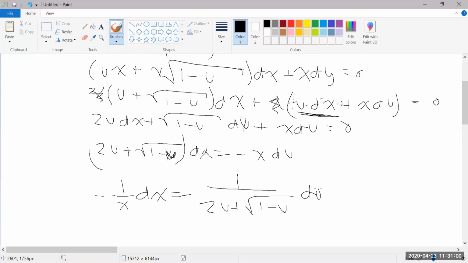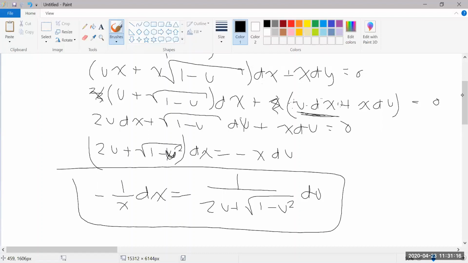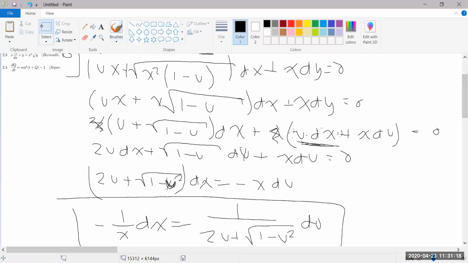Okay? Oh, I'm sorry, this u is squared. I lost that somewhere. But anyway, yeah, so that is that problem, and we can go ahead and do the last two for this test.